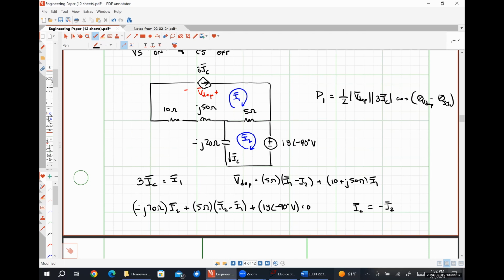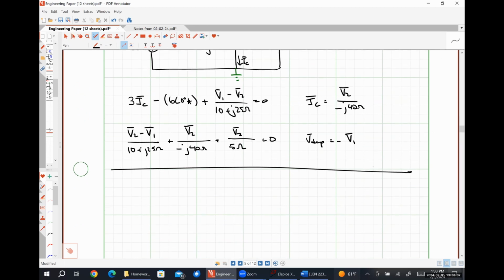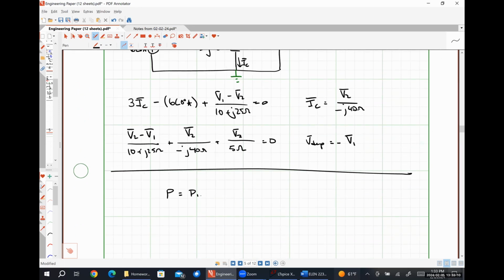That's giving me my average power for this element at this particular frequency. Here, P2 is effectively the exact same equation: 1/2 times the magnitude of V dep times the magnitude of 3IC cosine of theta V dep minus theta 3IC. And then our average power overall is just going to be P1 plus P2.